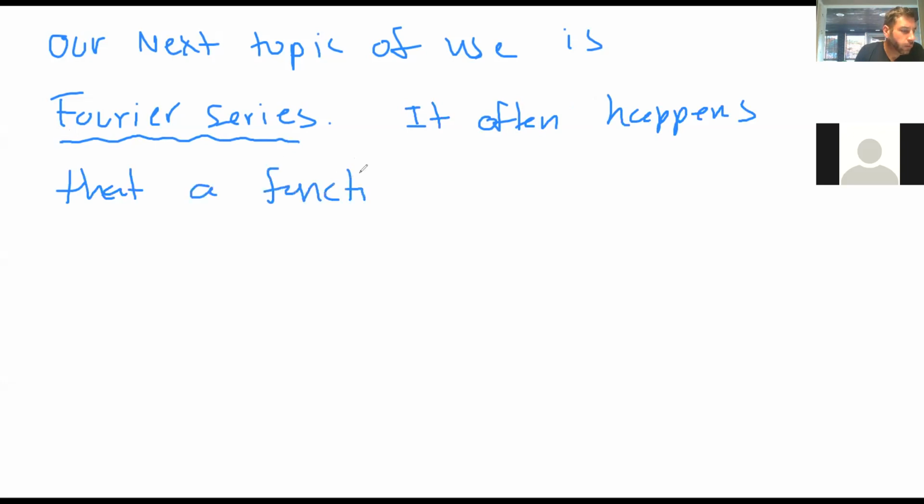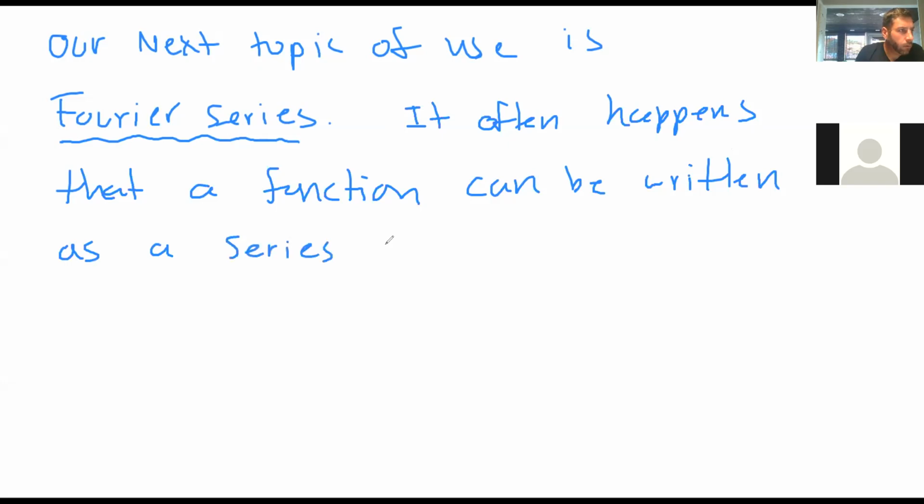That a function can be written as a series of sines and cosines. Now, some of you may have seen this before, and where this comes from, maybe you haven't.